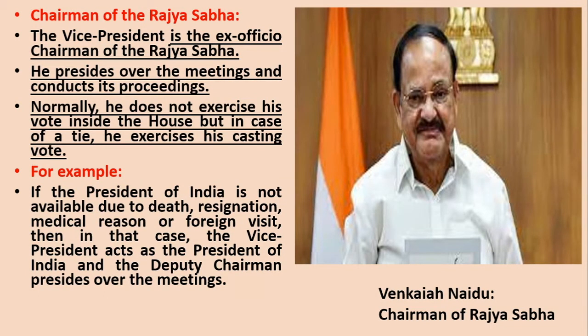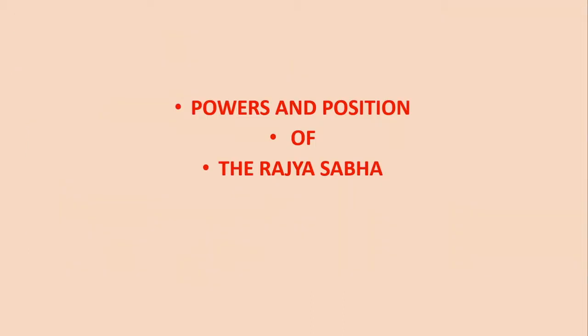Yes, that time the vice president will act as the president of India. And who will work at the seat of the vice president? In that case, the deputy chairman will preside over the meetings. So in Rajya Sabha, a deputy chairman is also elected. You can see the picture of Venkaiah Naidu, who is the chairman of Rajya Sabha.